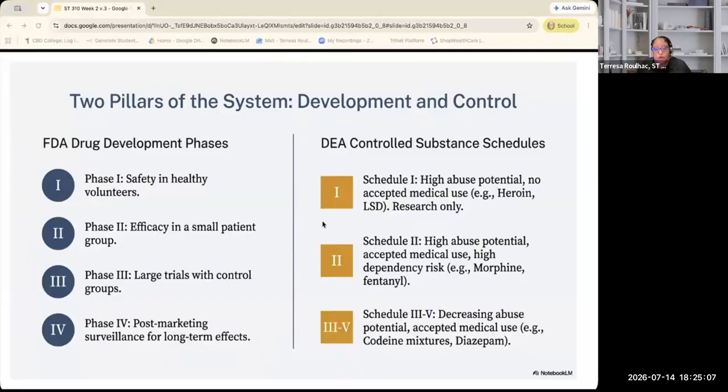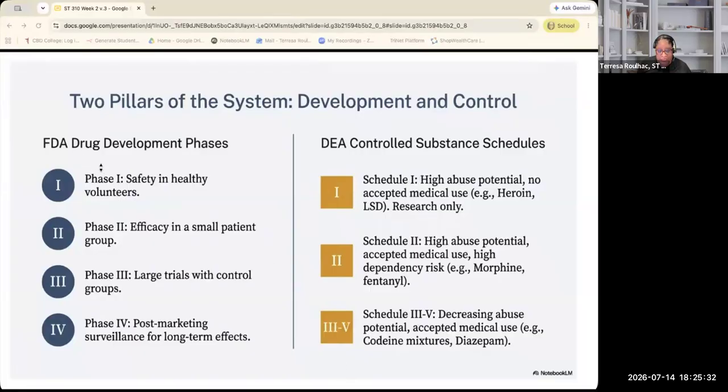Researchers ask questions like, is it safe? Does it work? Do the benefits outweigh the risk? Once a medication is approved, the work is not finished. It's regulated, and that's where concepts like drug scheduling and controlled substances come into the picture.